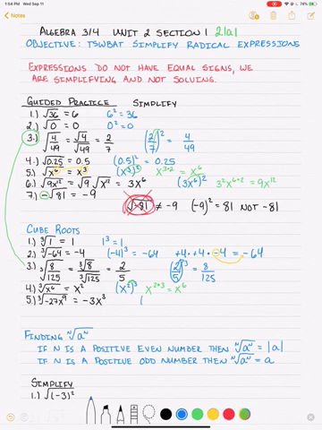And that is because negative 3 times x to the power of 3, cubed, is negative 3 cubed times x to the 3 times 3 power, which is negative 27 x to the power of 9.